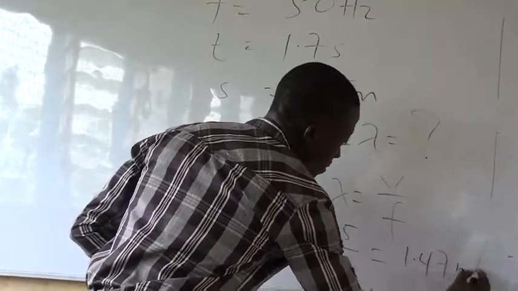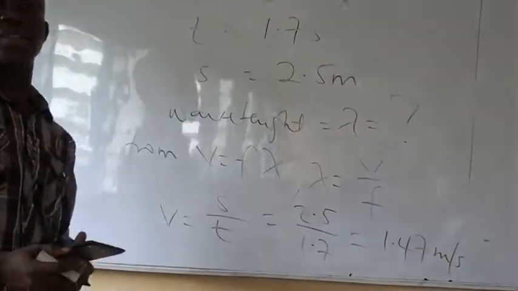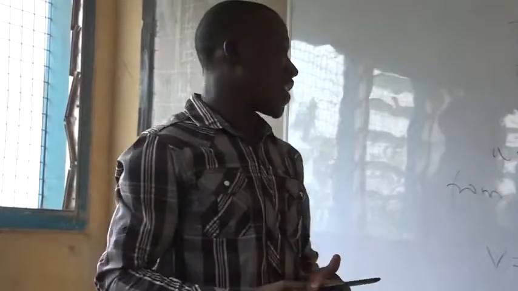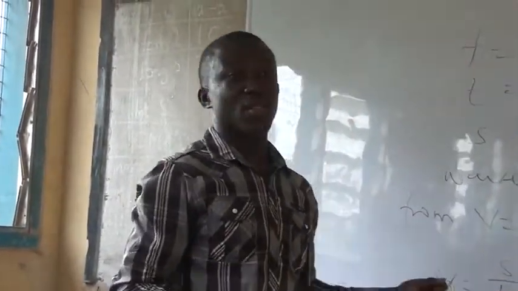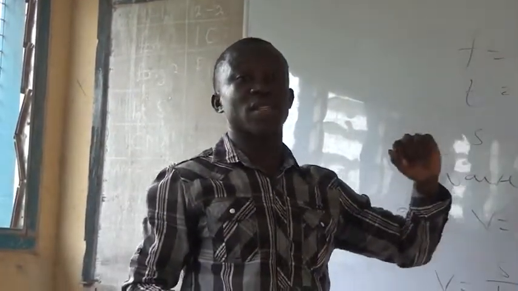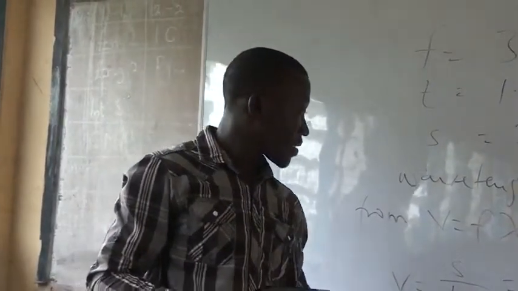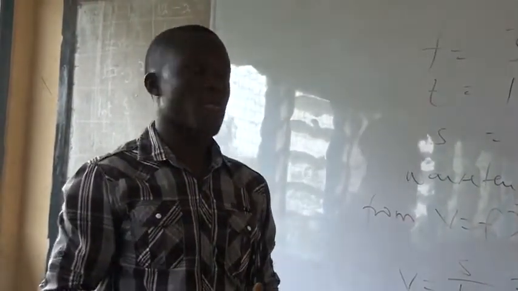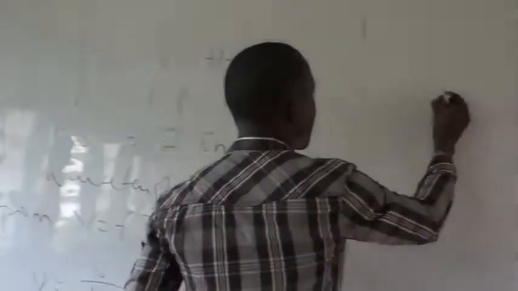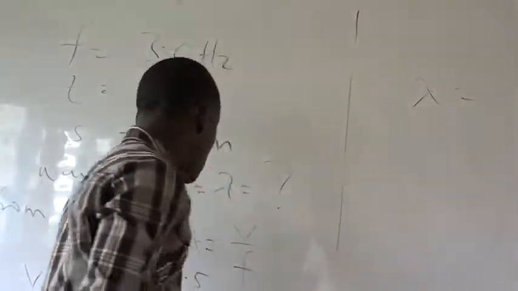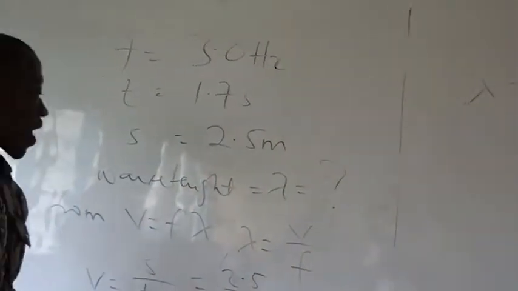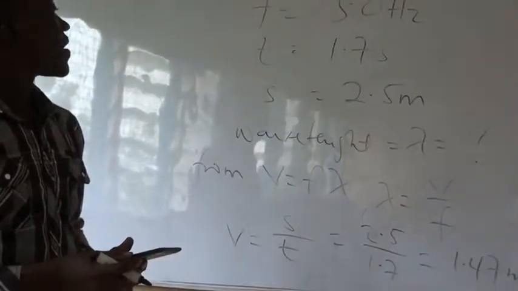1.47 meters per second. So now that we know the velocity, we were given frequency, so we can find the wavelength. So this implies then that the wavelength is going to be 1.47 divided by what? 3.0.